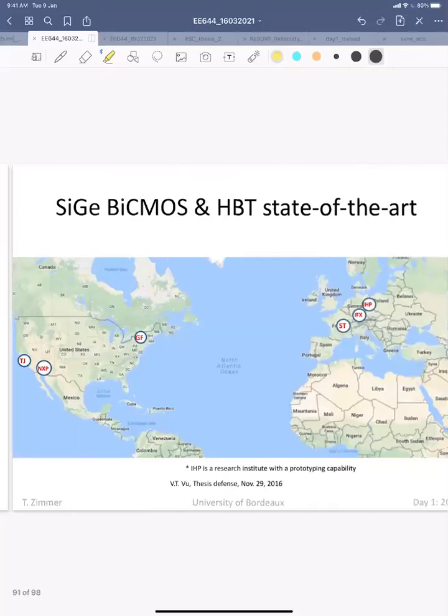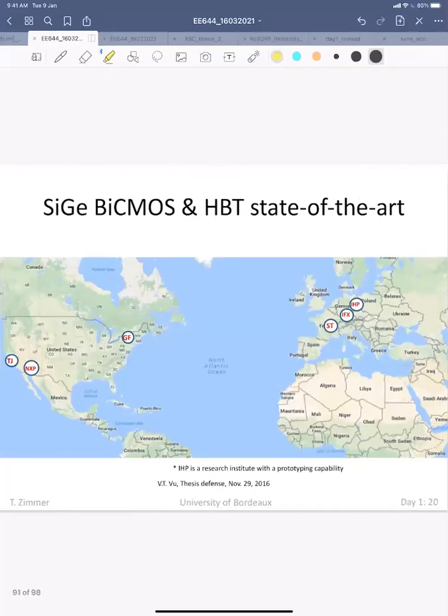And okay, so in the last few slides, if you see, there are a lot of companies working on heterojunction bipolar transistors. There are a few named here, like in Europe, Infineon, ST Microelectronics, IHP, Global Foundries, NXP, TI.